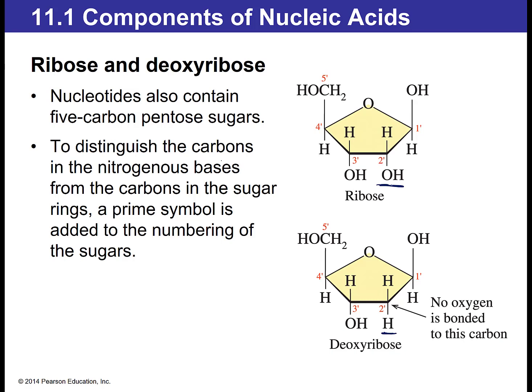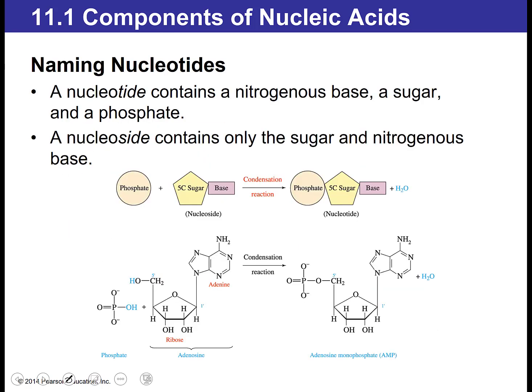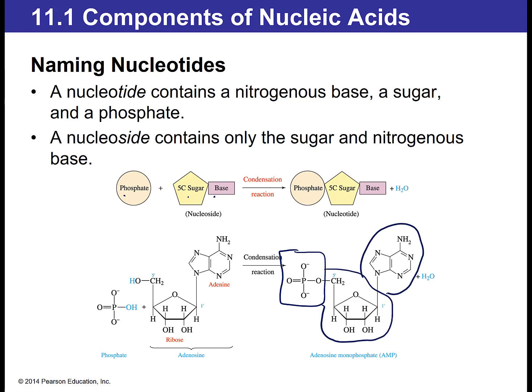Remember that numbering pattern. So when these get linked together, you have a phosphate linked to a sugar linked to the base. So here's your phosphate connected to the sugar, connected to a base. So phosphate and sugar, and off of the sugar is always the base.